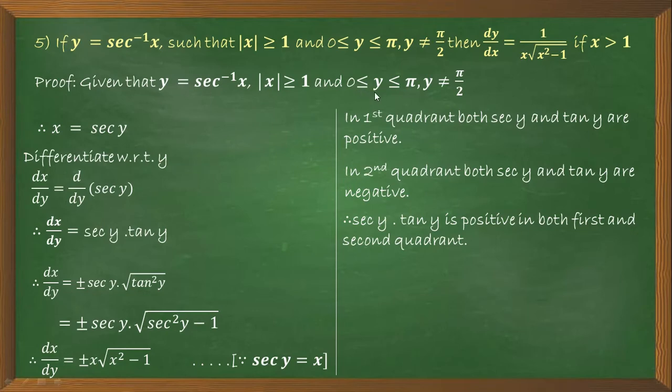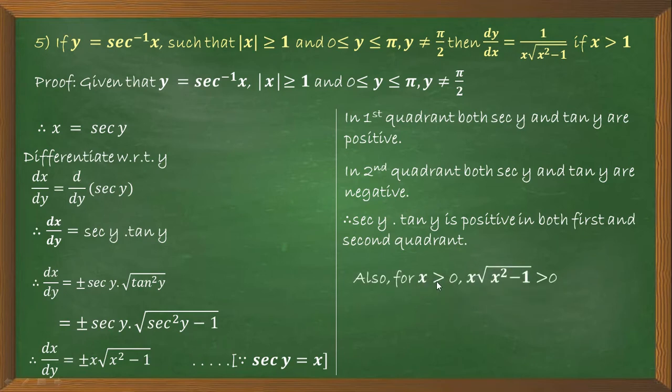So the condition which is given to you, 0 less than or equal to y less than or equal to pi, in that sec y into tan y is positive.